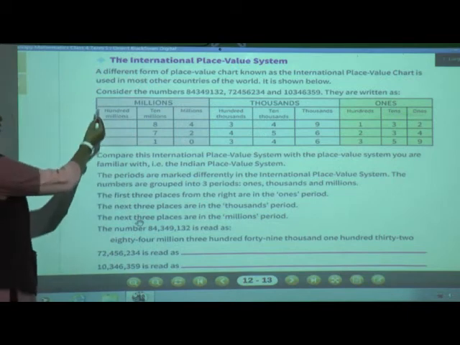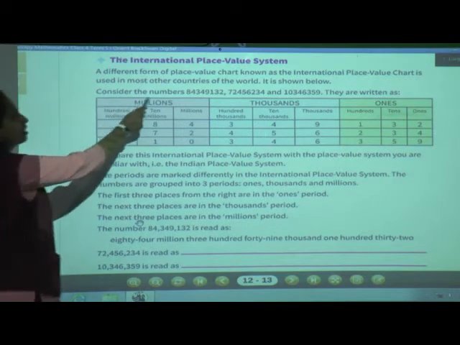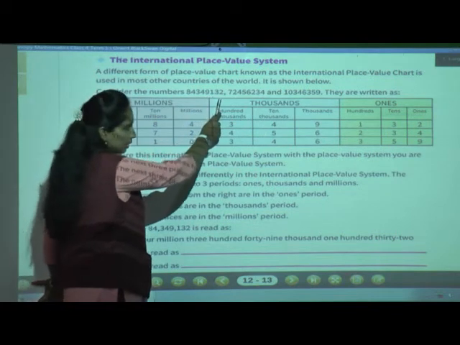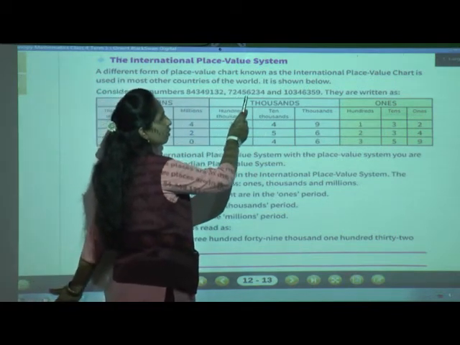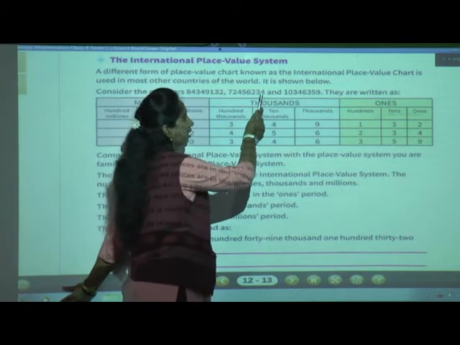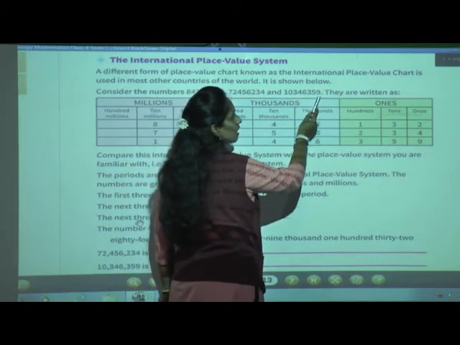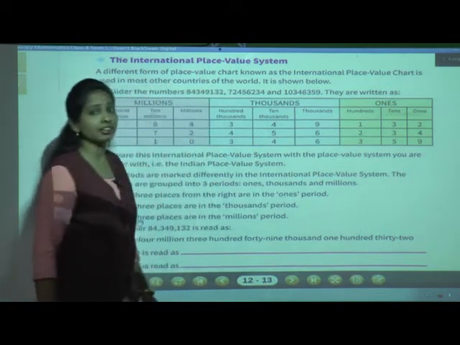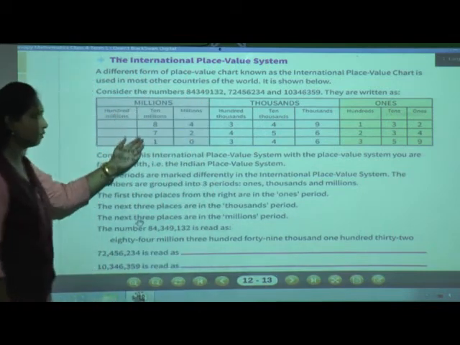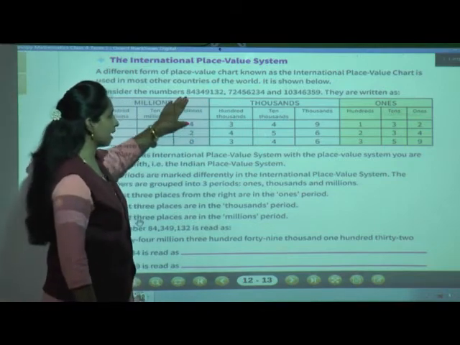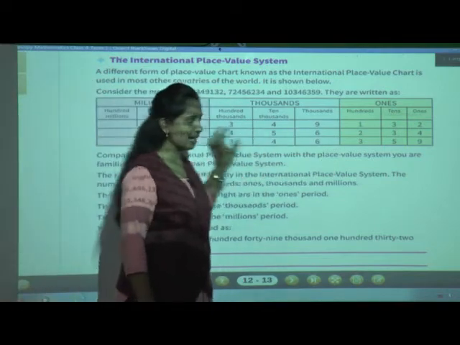Okay, so now what they have given, consider the numbers 843491132, 724563234 and 10346359. They are written as they have shown here. Okay, what they have done, they have just placed these numbers in the place value chart.